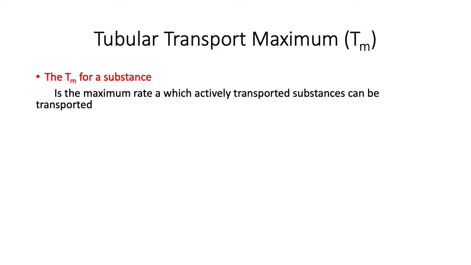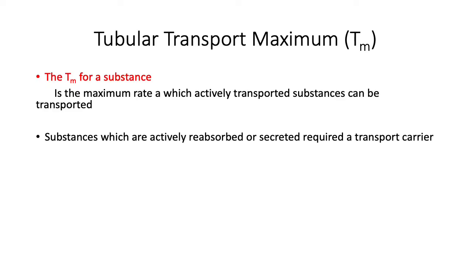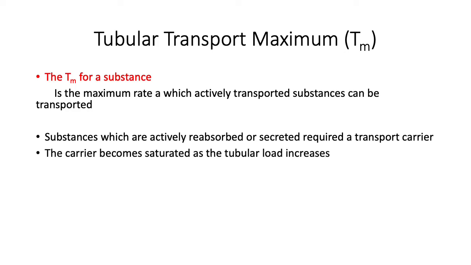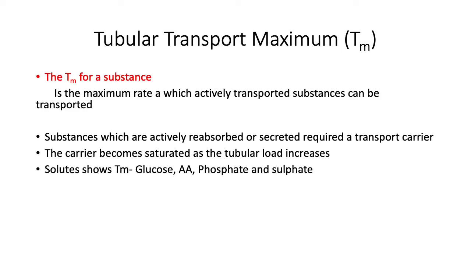That is very important to know. Substances which are actively reabsorbed or secreted require carrier proteins, and this carrier becomes saturated as the tubular load increases. I'll discuss how it becomes saturated. The solutes responsible for this transport maximum are mainly glucose, amino acids, phosphate and sulfates. All need a carrier protein for the transport from the tubular fluid to the cell to the blood.